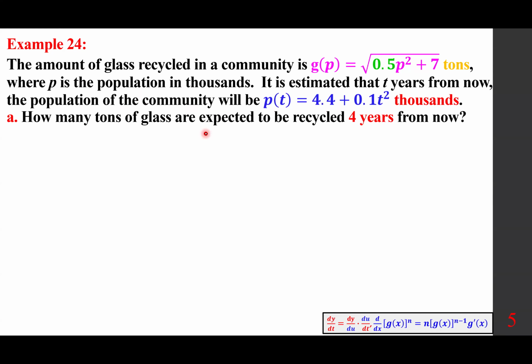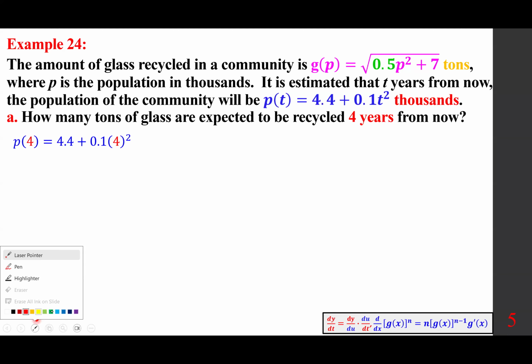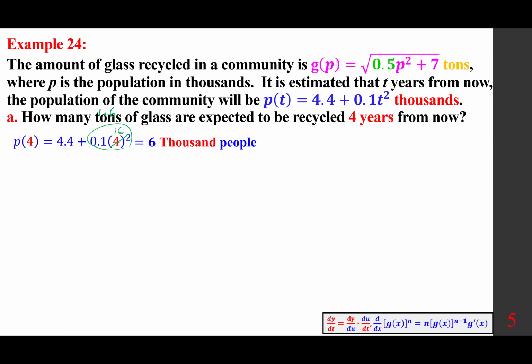So having said that, again, elementary algebra. So if you replace the T with 4 right here, 16 times 0.1 is 1.6 plus 4.4 is 6,000 people.